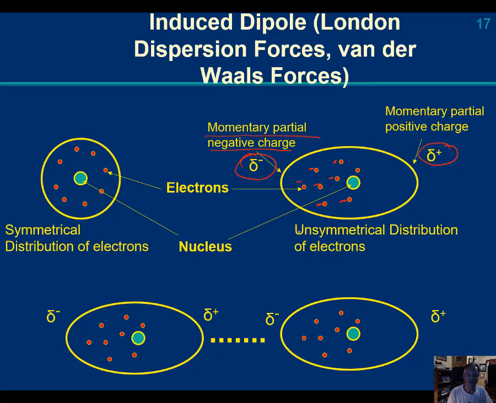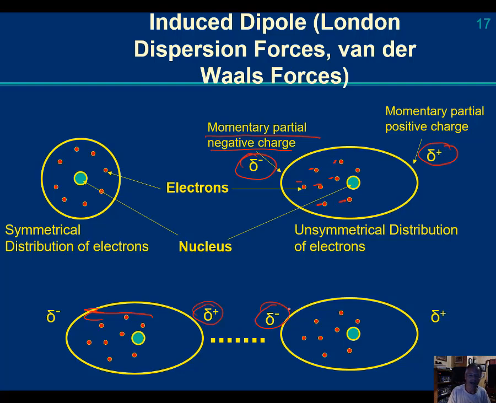And so that molecule bumps up next to another molecule and induces a dipole moment. Negative repels negative, so these electrons get chased to this side of the molecule, and what we wind up with is a partial positive charge on this side and a partial negative on this side.